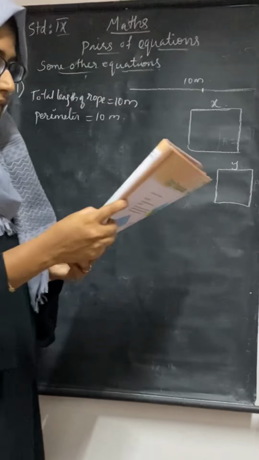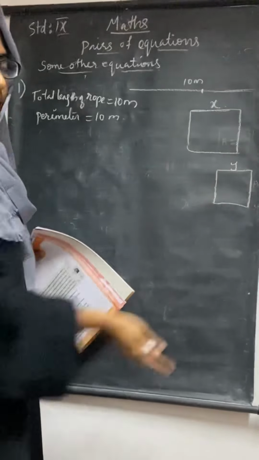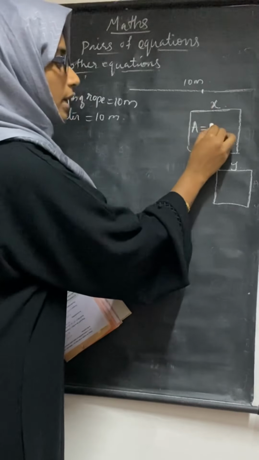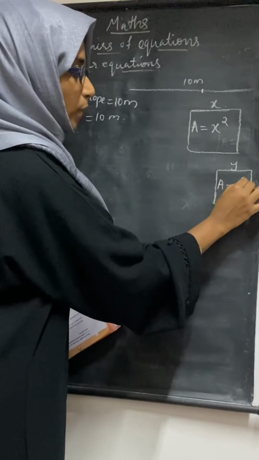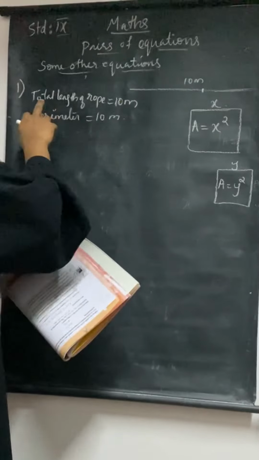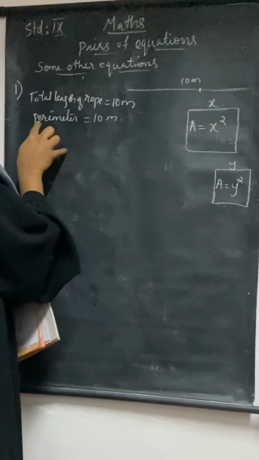Now here, the condition that is given is about area, means the difference in the areas is given. So we should know what is the area of the larger one. Area of the larger one is x square, area of the smaller one is y square. So this much you should know. Now what we can do is, the given thing, total length of the rope, it's nothing but a perimeter.